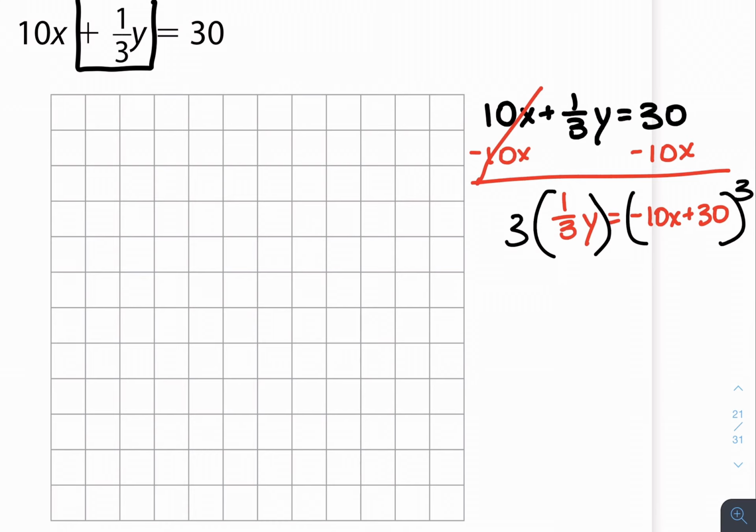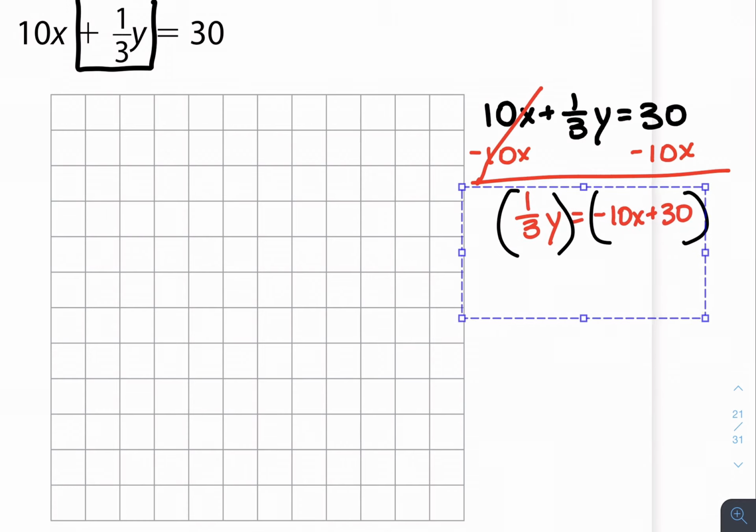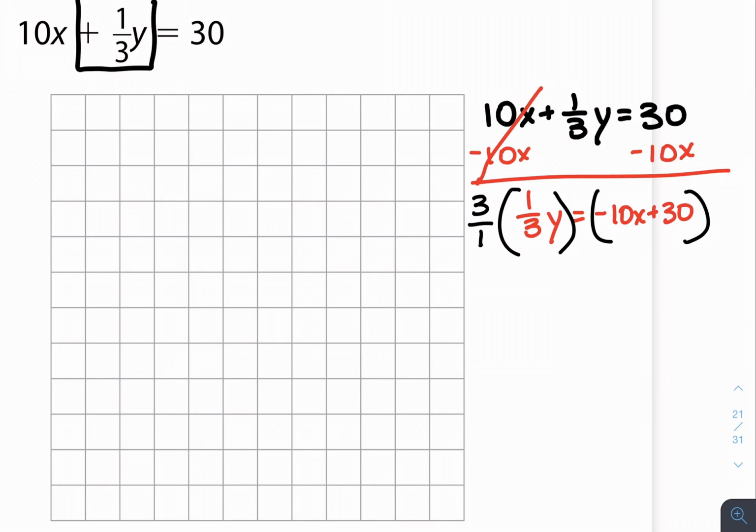When you divide by 1/3, you are essentially multiplying by 3. The reason you can do this is because you are really multiplying both sides by the reciprocal of the fraction that is in front of the variable. When you multiply a number by the reciprocal, you get 1. So that would give me 3/3y, which is the same as 1y, which is the same as y.